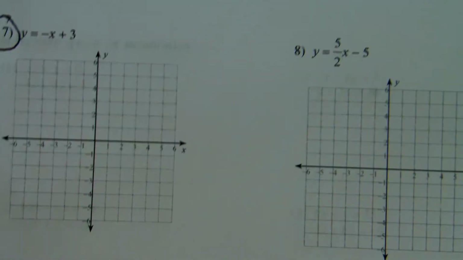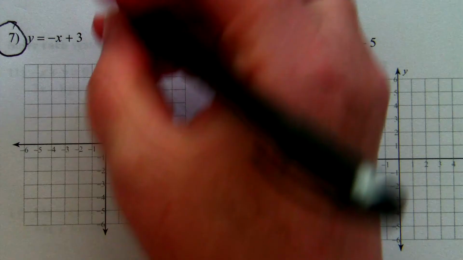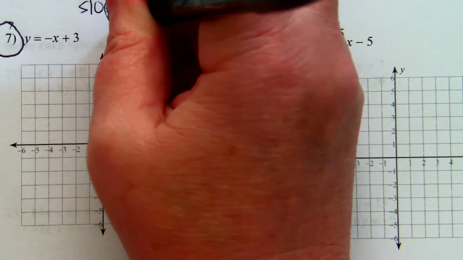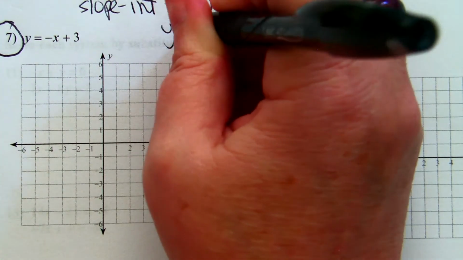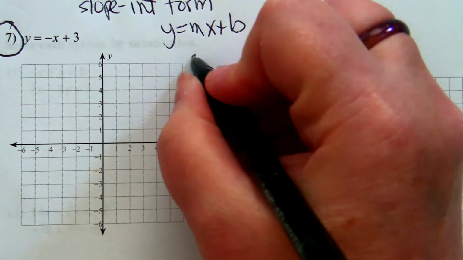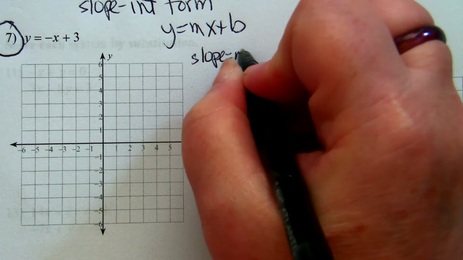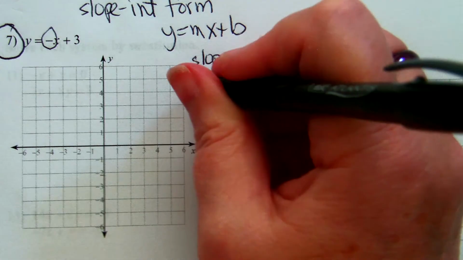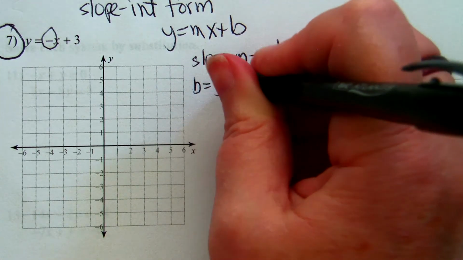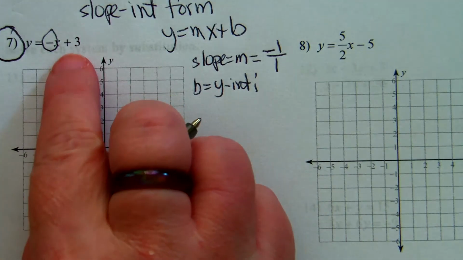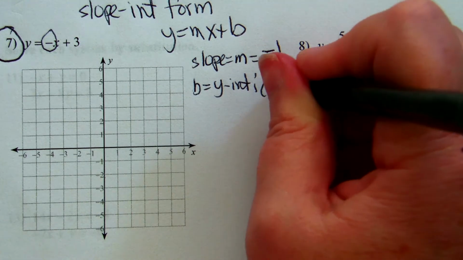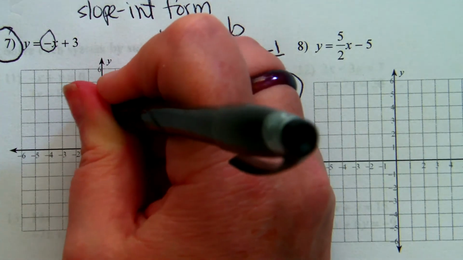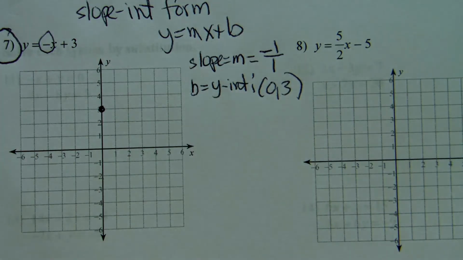We're going to do number 7. This is in slope-intercept form: y equals mx plus b. So the slope m is -1/1, and b, the y-intercept, is 3, so it's (0, 3), because it's a y-intercept on the y-axis, and the slope is -1.